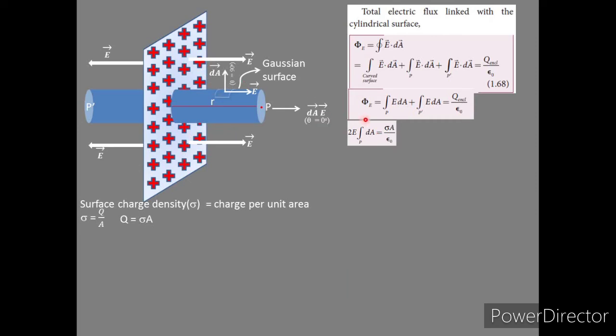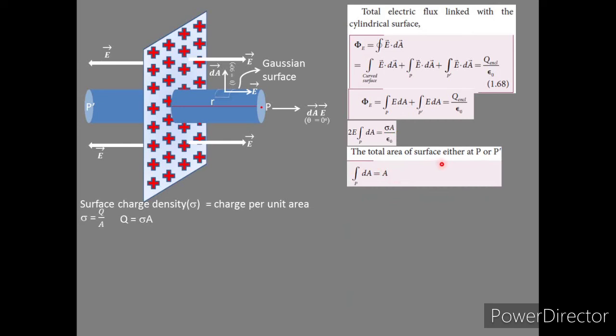On integrating dA, we get A. So the final equation will be 2EA equal to sigma A by epsilon naught. Instead of Q, I can put sigma A. Okay. So the integration of dA will be equal to A.